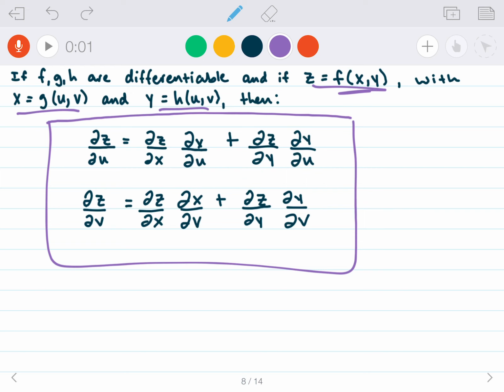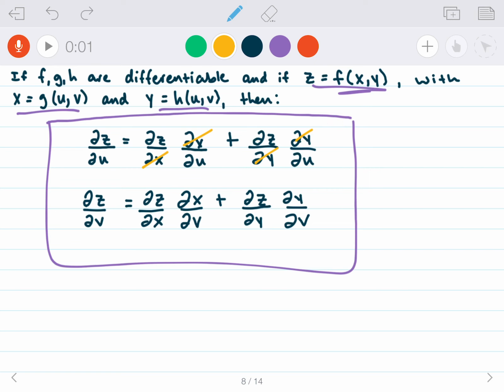And we can kind of see what's happening here. You can think about it like this if it helps you, right? We want dz du, or the partial derivative of z with respect to u. And so you can think of these as quote-unquote canceling to get dz du here, and these guys as quote-unquote canceling to get dz du over here.